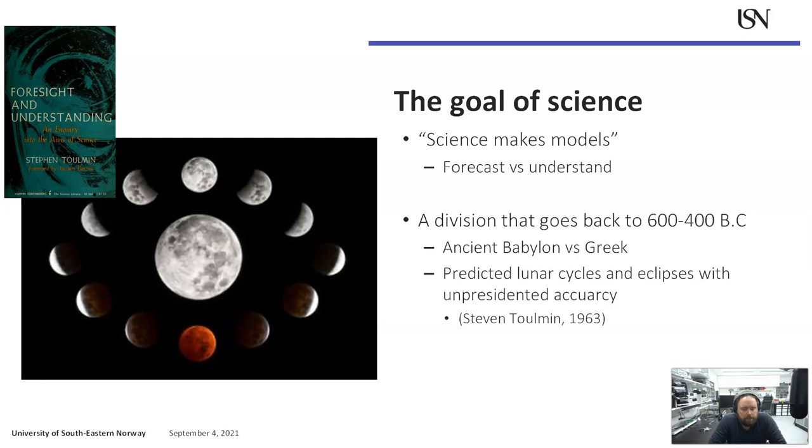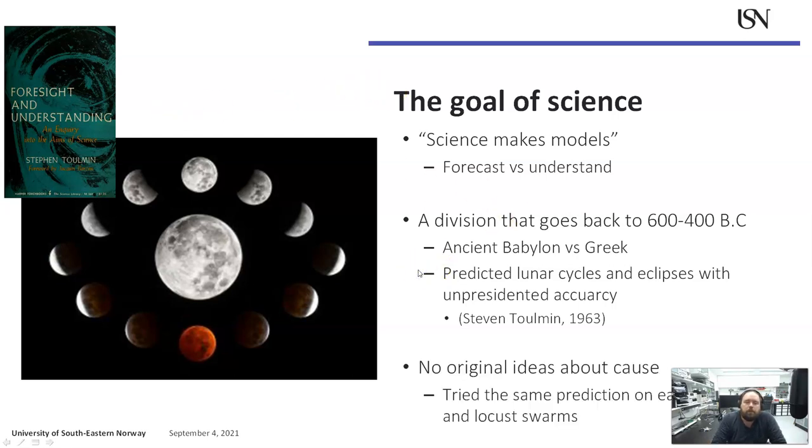It was only almost Renaissance times before Europe caught up to the ancient Babylonian calendar's accuracy for predicting these cyclic phenomena. So their mathematical ability to predict the world was extremely good. But they had no original ideas about the cause of these events. And therefore they tried to use the same methods to predict, for example, earthquakes and locust swarms, something which clearly isn't cyclic.